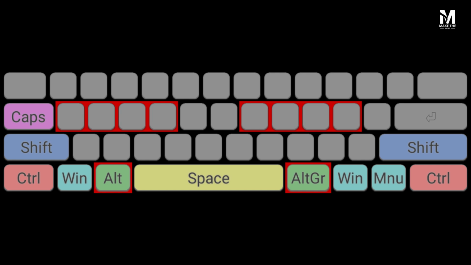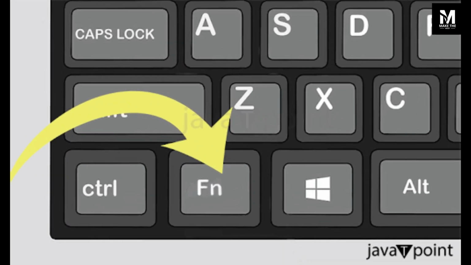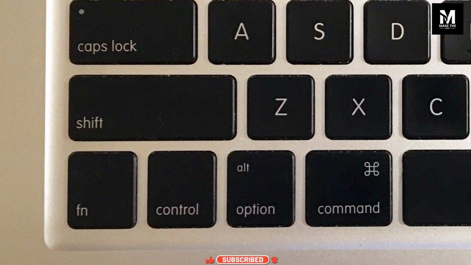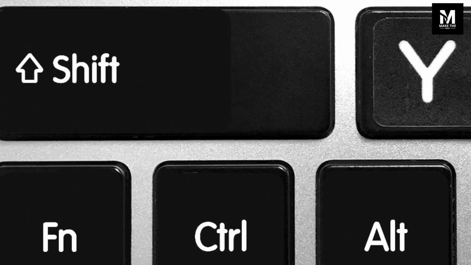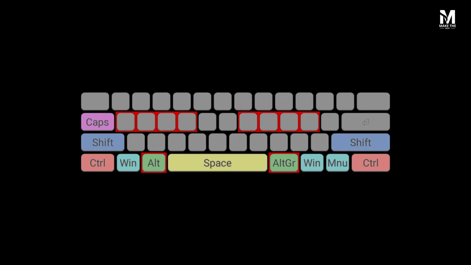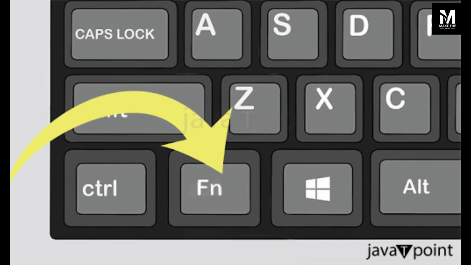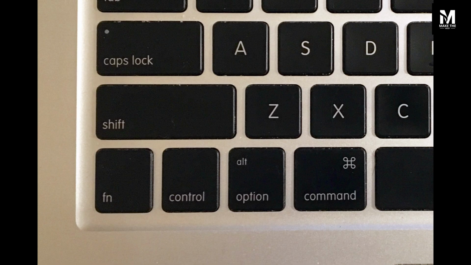Some common Fn features are to adjust or mute audio output, to increase or decrease display brightness or contrast, to activate an external monitor for presentation, to activate standby mode, sleep or wake up, to eject a CD, lock the keyboard, and many other functions that the Fn key can help us access.